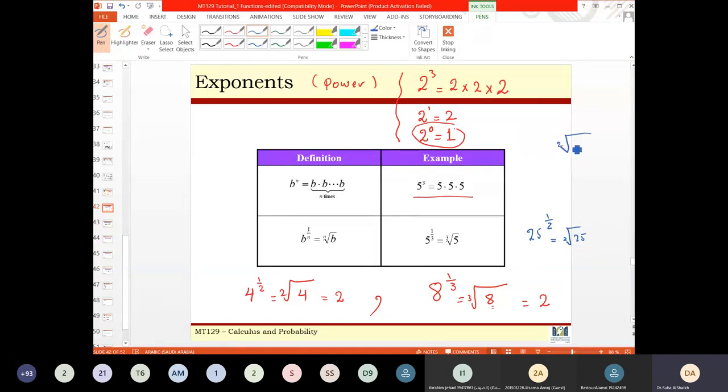Root without anything معناها second root. إذا كان third root, I'm gonna write 3. Fourth root, I'm gonna write 4, and so on. So this means the second root of 25, which is actually 5. And so on of the examples. We have so many examples here. So the fractional power, like we have b to the power 1/n, معناها the nth root of b.